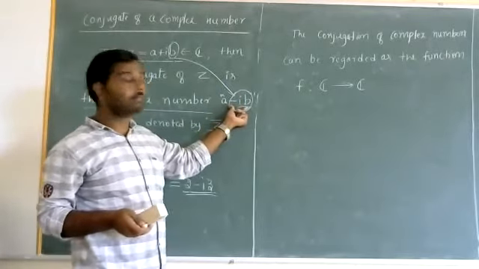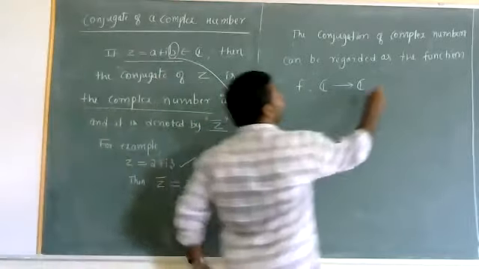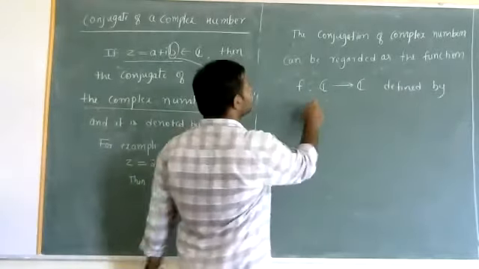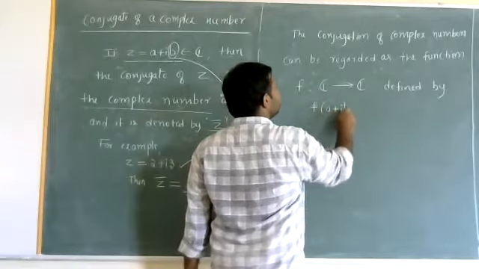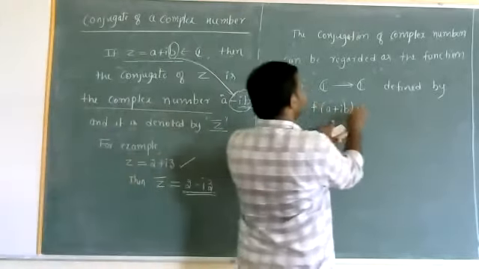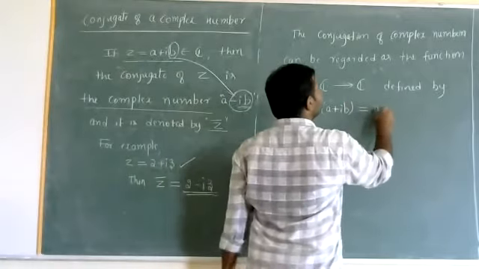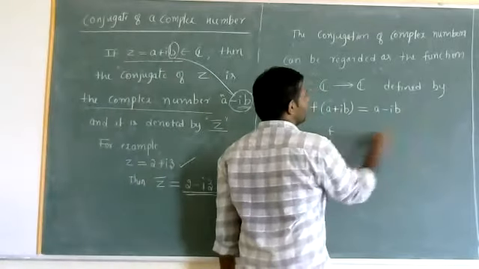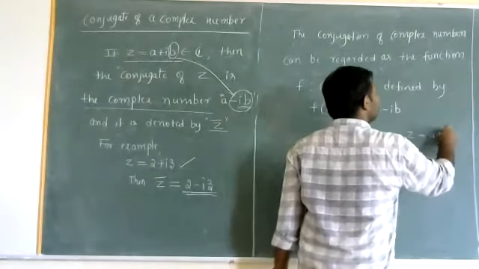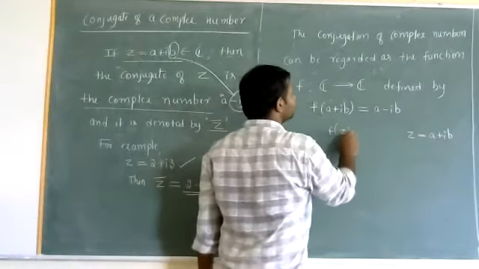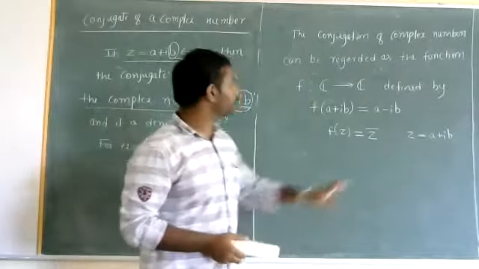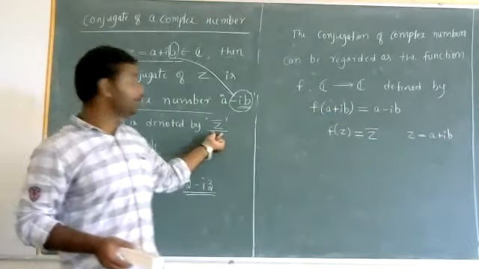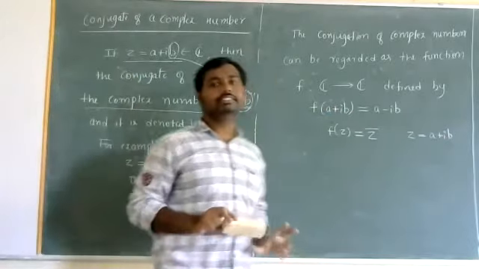What is the definition of this complex number? Given any complex number a plus ib, its image is the complex number a minus ib. Or if I take the notation z is equal to a plus ib, then f of z is z bar, because if z is equal to a plus ib, its conjugate is a minus ib, which is denoted by z bar. So this function is f of z equals z bar.